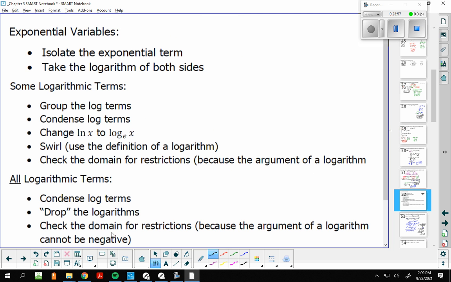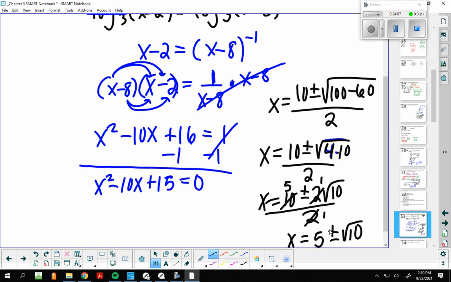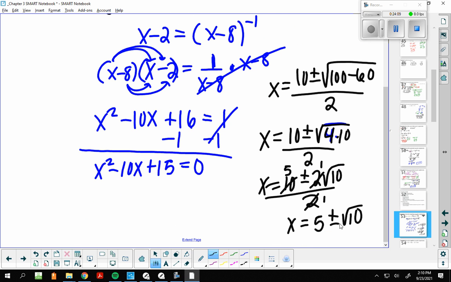We have to check the domain for restrictions because the argument of a logarithm cannot be negative or 0. Therefore, I have to make sure that when I plug these values in, I'm going to have all positive arguments. So in order to do that, I need to figure out what these solutions are as decimals.